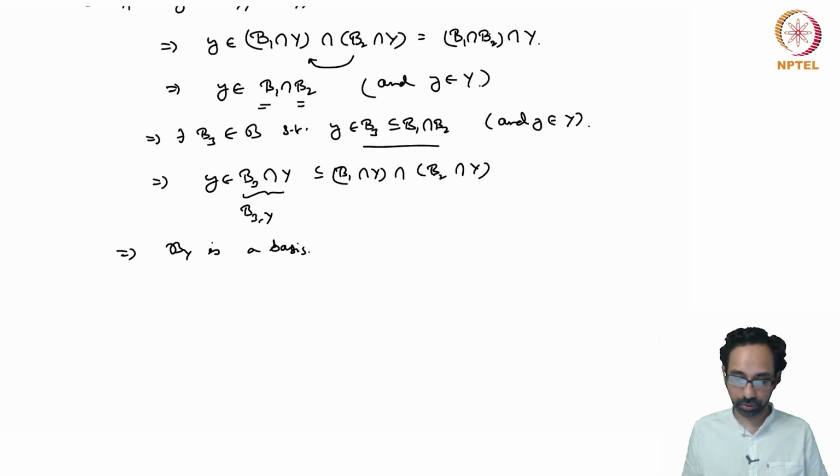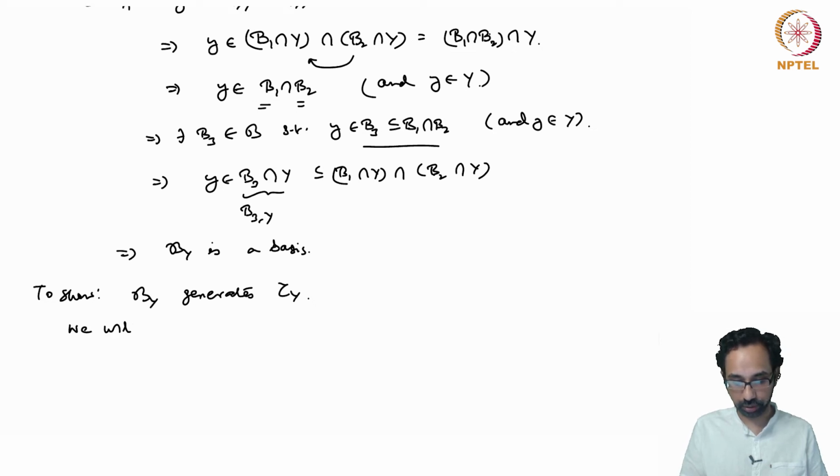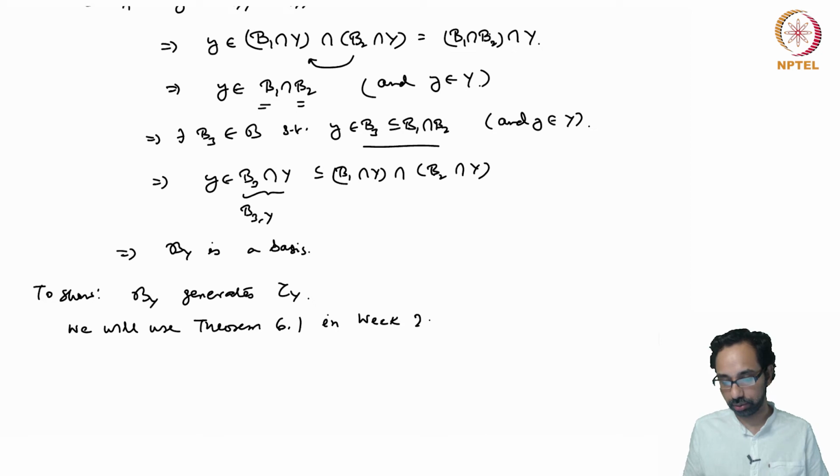Now we still need to show that B_Y generates tau_Y. And for this we will use the theorem that we proved earlier, theorem 6.1 in week 2's lecture 6.